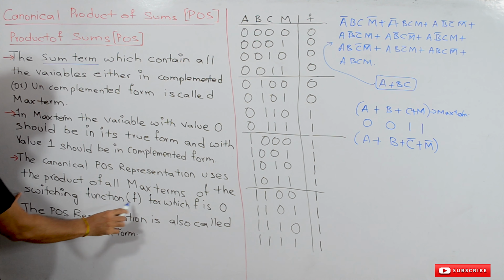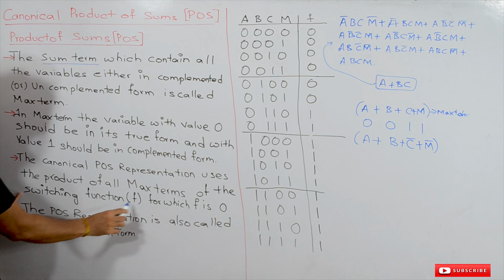So it represents the product of all max terms which are producing an output of 0. What are the terms which are producing an output of 0? These are the 6 terms which are producing an output of 0. All these terms are represented in this way with their products.